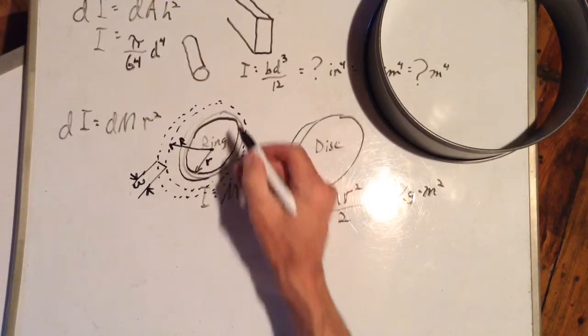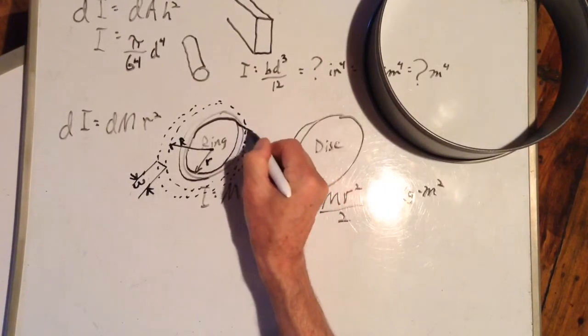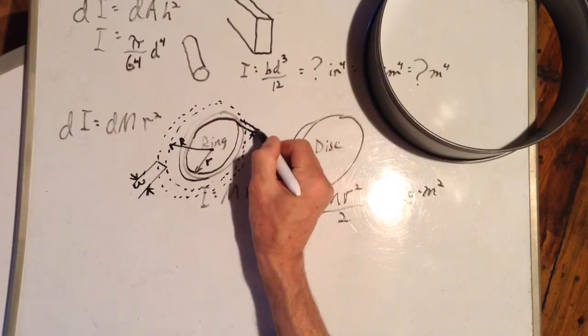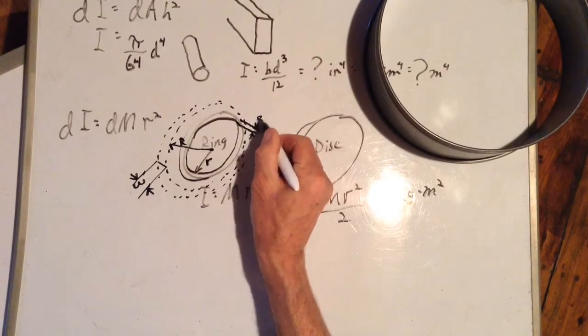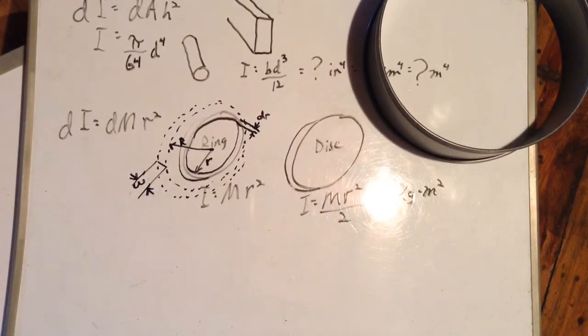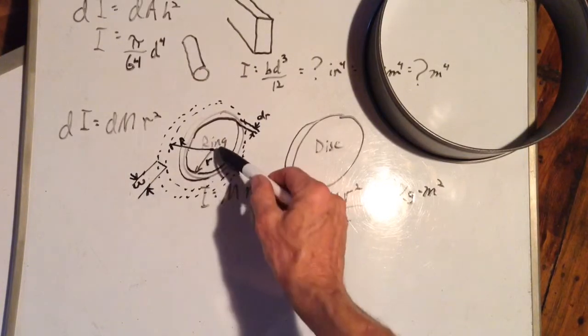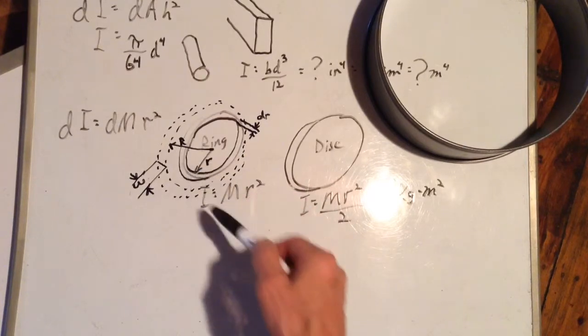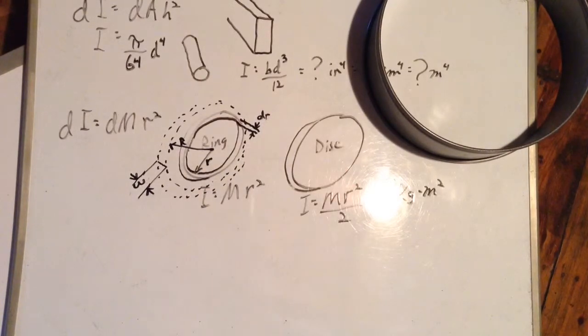So we'll let that be called dr, because we always use d in front of something to indicate a little teeny weeny amount of. And radius is lowercase r, so from there to there would be dr.